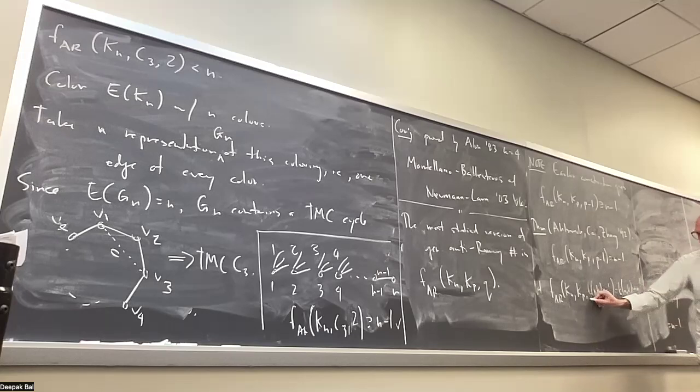So think of this as being, very, very roughly speaking, about 1 minus 1 over k times p squared, right? And this thing is roughly 1 minus 1 over k times n squared.